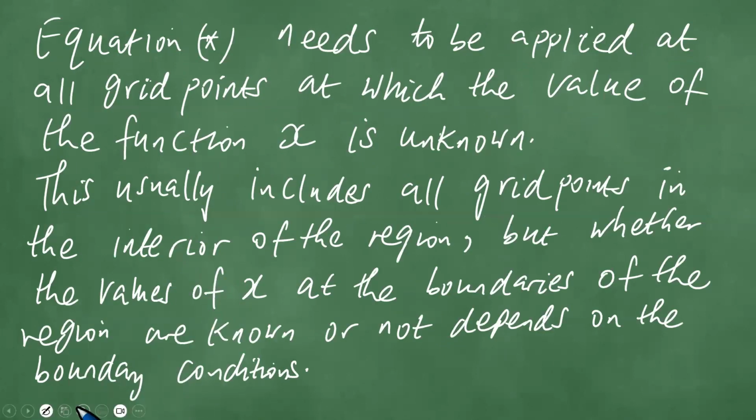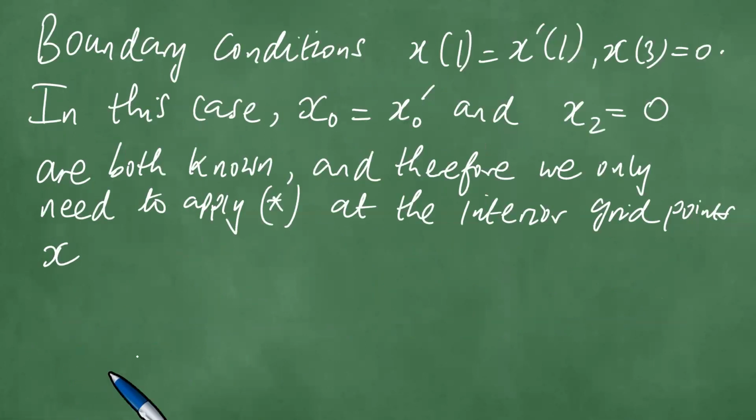It will be the interior grid point because it's just 1.